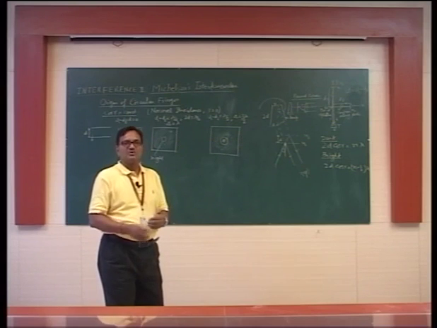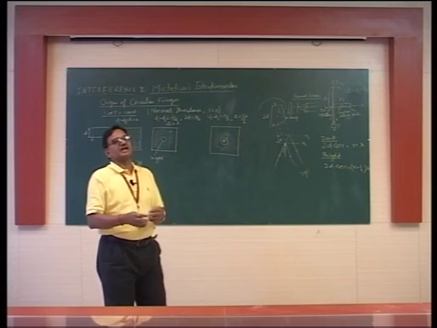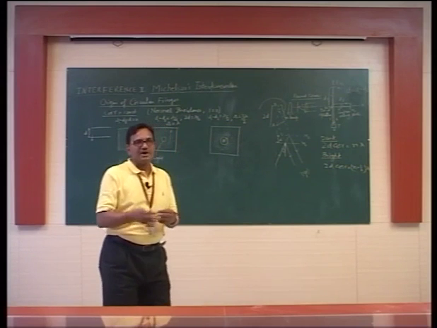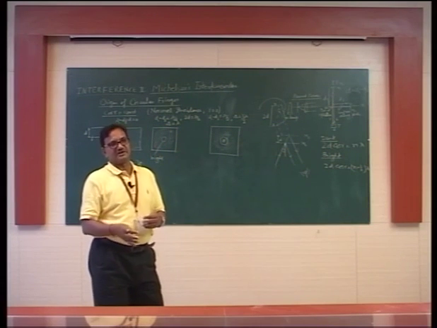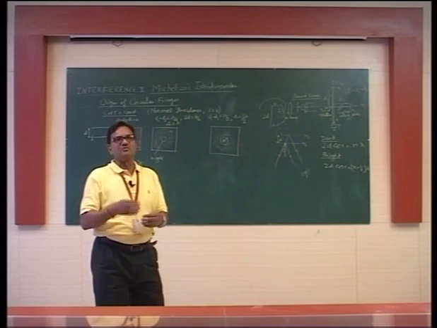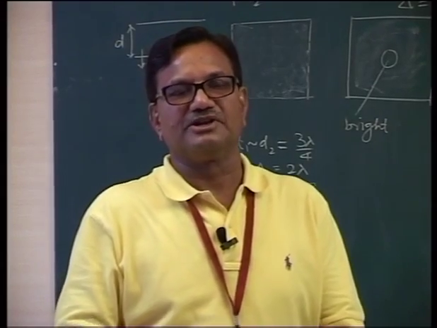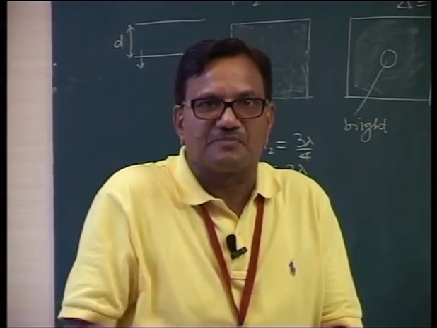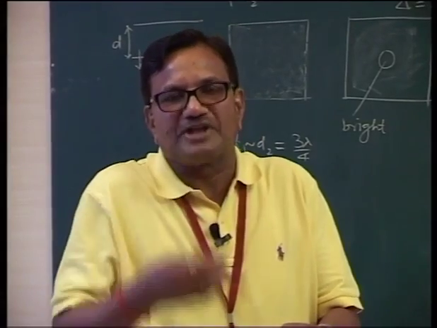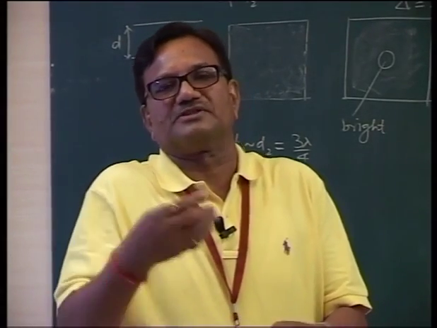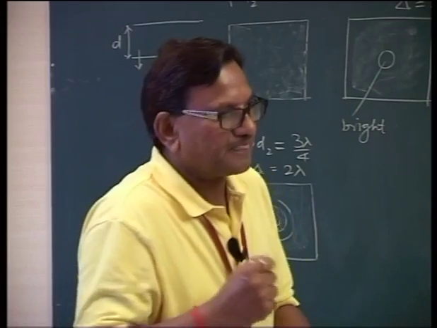Number 2, whatever ring existing at the center is moved away from the center, and as we go on moving the mirror, the rings will be originating from the center and occupying the space again and again.